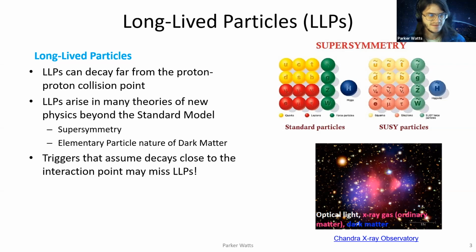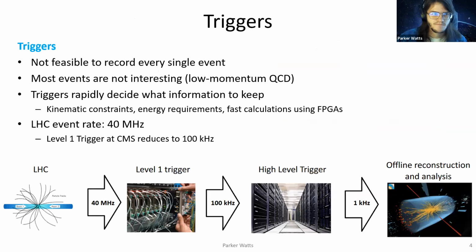Some of those theories are supersymmetry and explanations of the elementary particle nature of dark matter. Triggers that assume decays close to the proton-proton interaction point may miss these long-lived particles. So that's the motivation for this project.